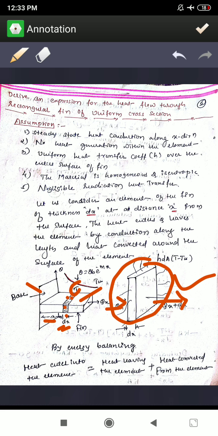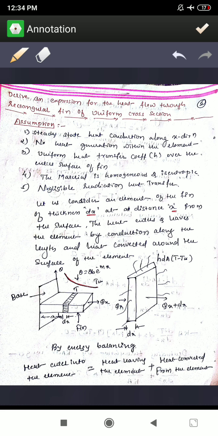Before going to derive, we have to see one energy balance equation. So what is the energy balance equation? The heat entering the element, that is Qx, is equal to the heat leaving the element, that is Qx plus dx, plus the heat convected from the element.